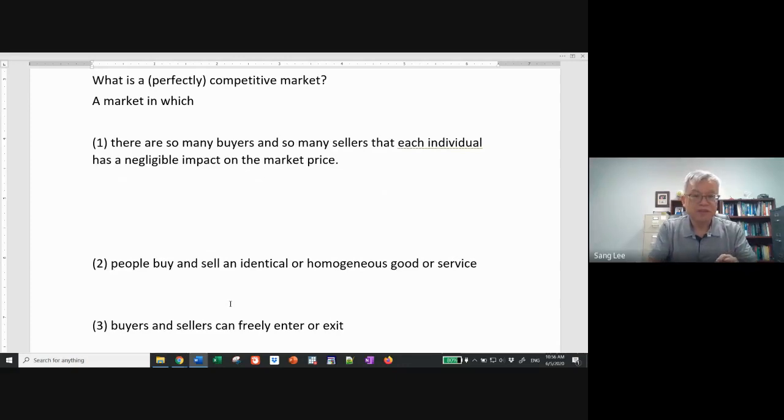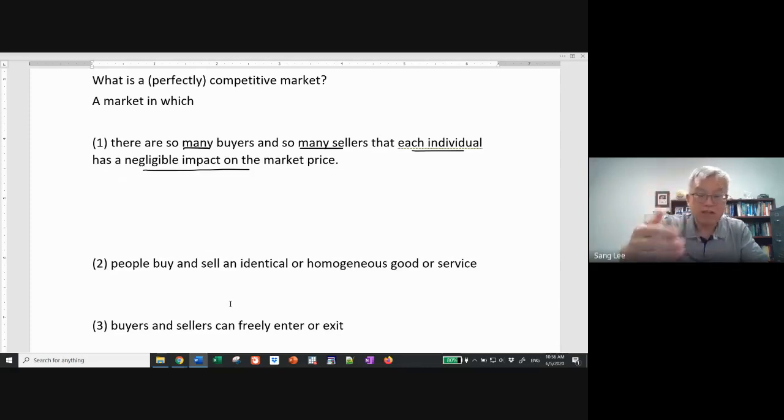We said there are so many buyers and so many sellers, so no single individual can have any impact on the market outcome. So they simply have no control over the market price or no influence on the market price.